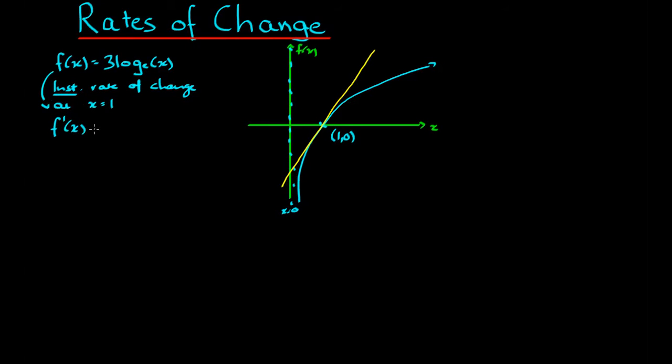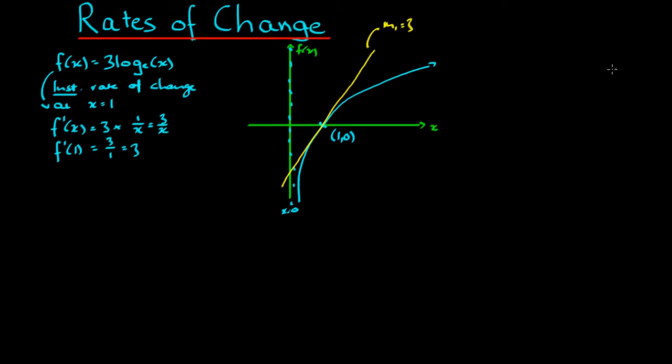F dash of x is d fx over dx, which is equal to 3 times 1 on x, which is equal to 3 on x. So the instantaneous rate of change at x equals 1 is f dash 1 is equal to 3 over 1 is equal to 3. So this yellow line over here has a gradient of 3, and that is the rate of change.